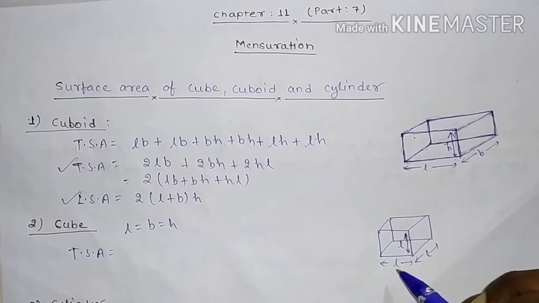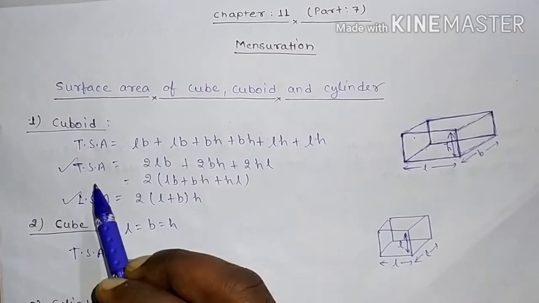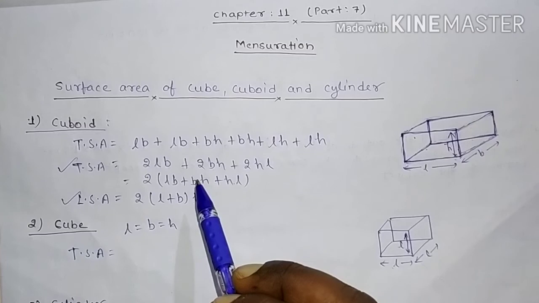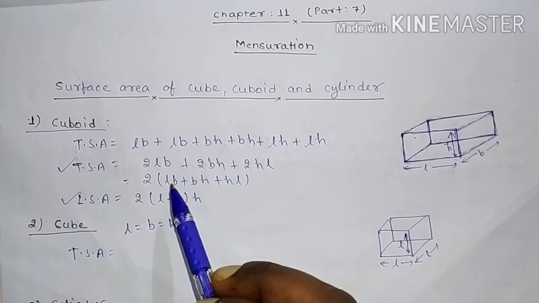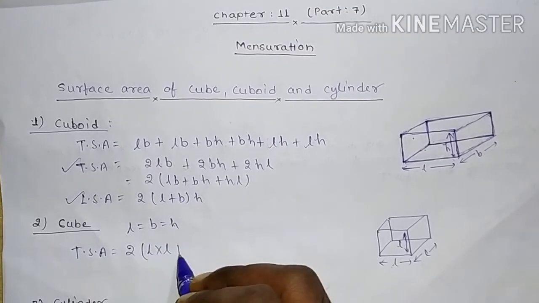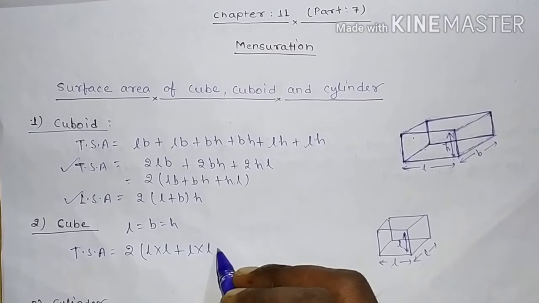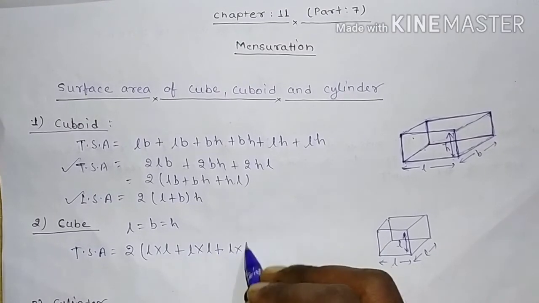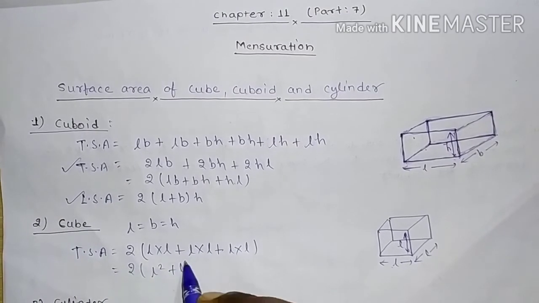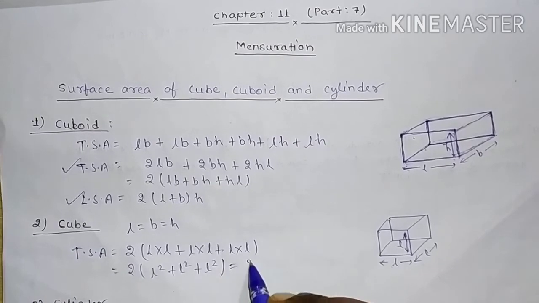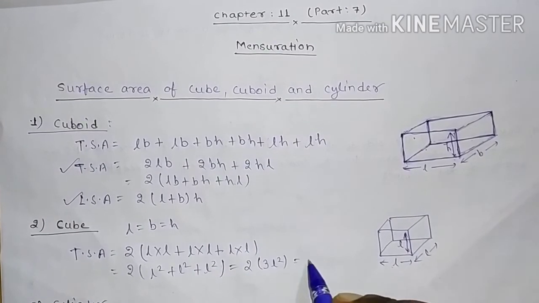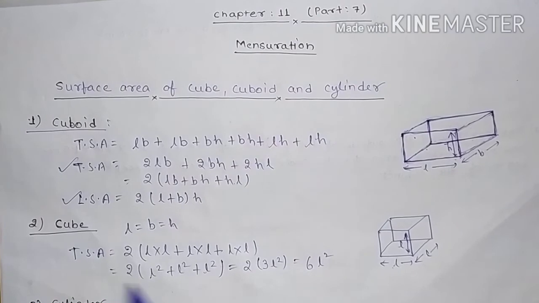Let's suppose all the edges are L here, so put L in place of B and H. So LB is L into L, plus BH is L into L, plus HL is L into L. Just simplify it: 2(L square plus L square plus L square) equals 2 into 3L square, so it will be 6L square. So the total surface area of a cube is 6L square.